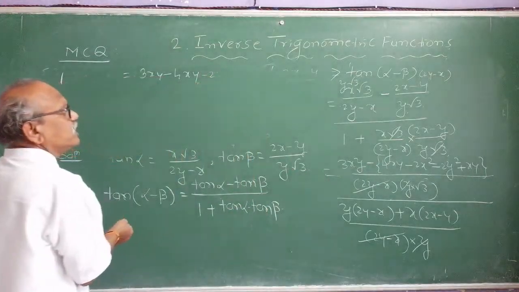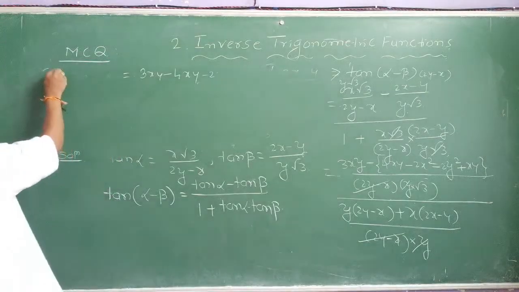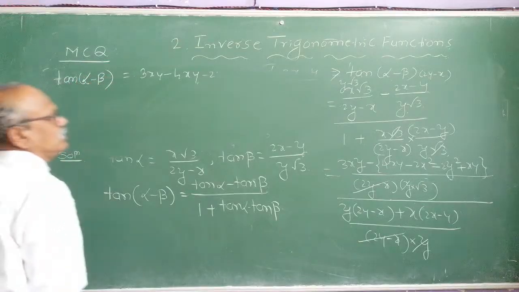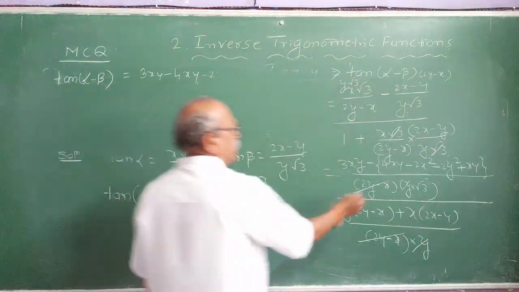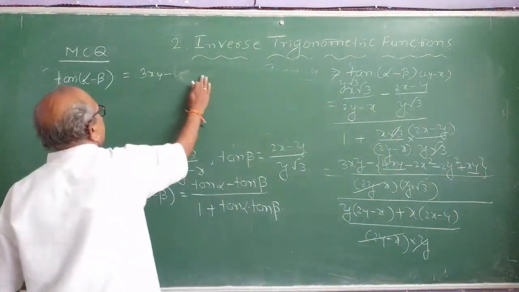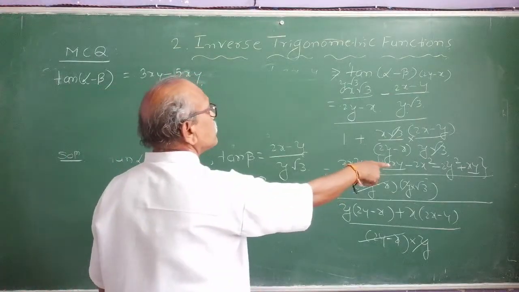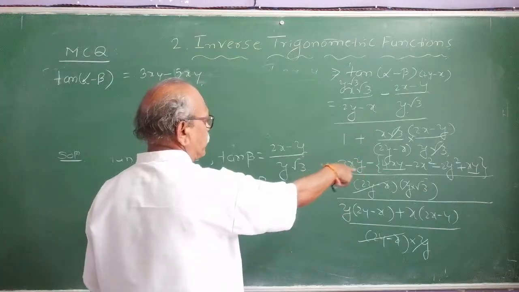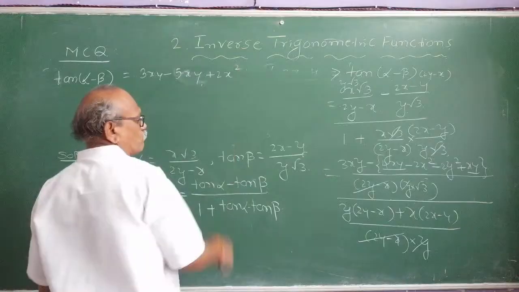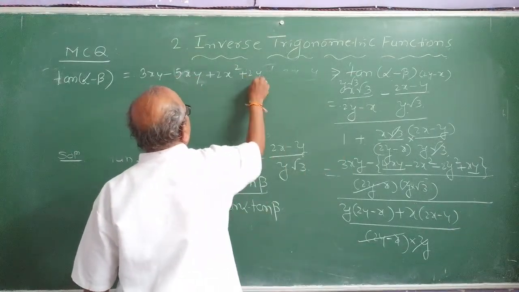That is tan alpha minus beta is equal to, solve carefully, minus 4xy plus xy becomes minus 5xy. Minus into minus is plus 2x square. Minus into minus becomes plus 2y square.